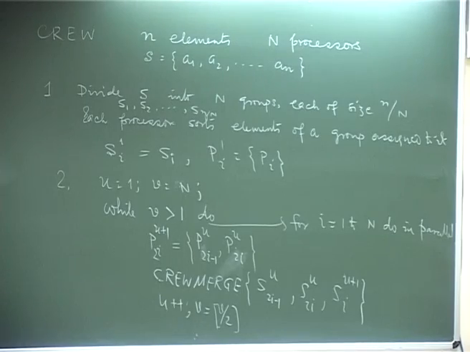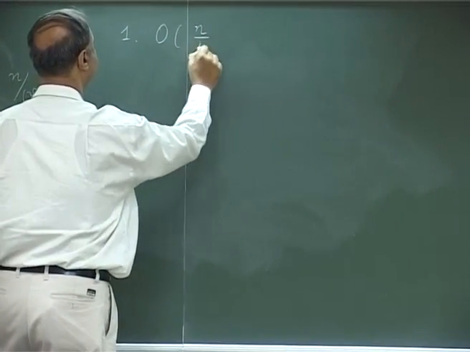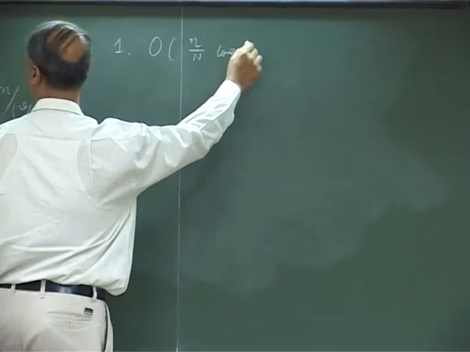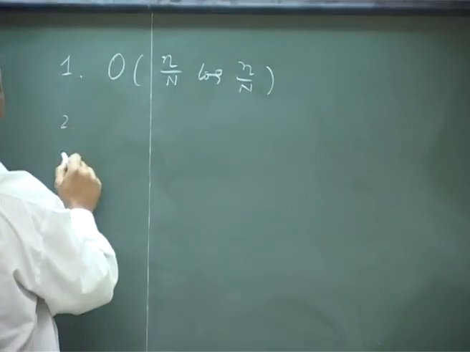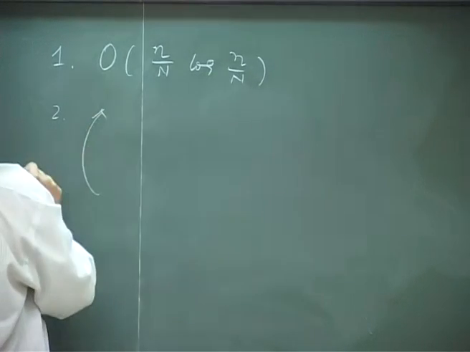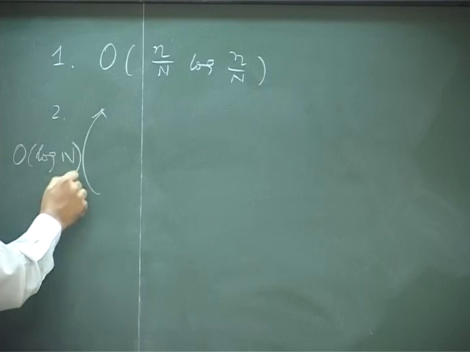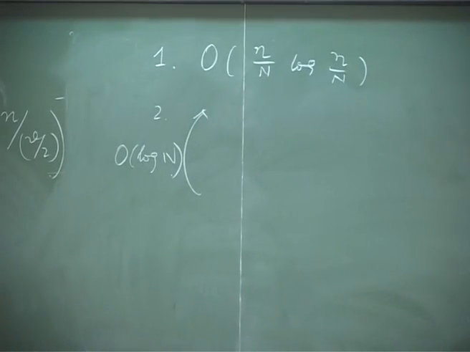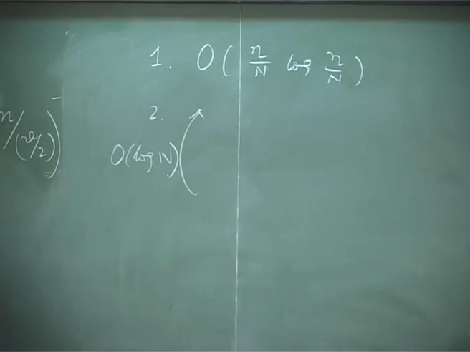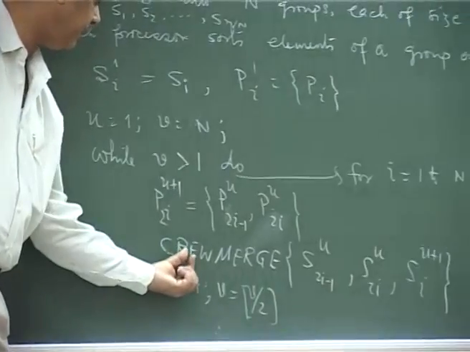In that case, step 1 will take order n by N log n by N. Step 2 takes, obviously this iteration you cannot get rid of it. Now you tell me, EREW model here instead of CREW model, EREW merge.